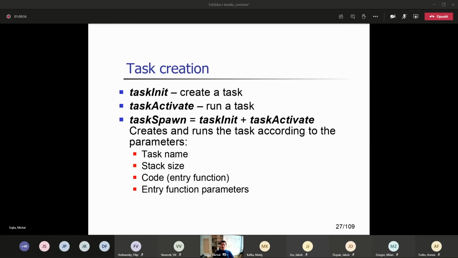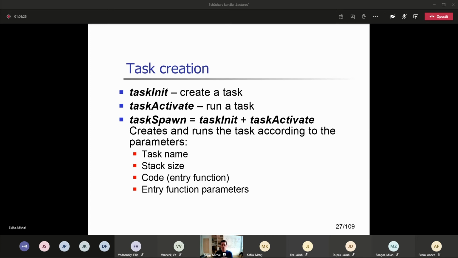When you are creating a task, then there are these parameters, and some of those are important. So task name is not very important, but stack size is quite important. VxWorks, compared to the other operating systems that you are probably used to, doesn't allocate stack on demand.